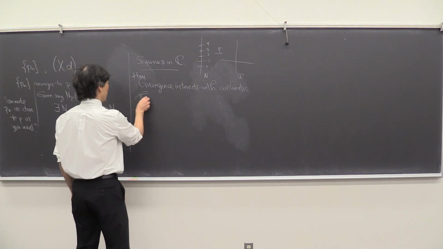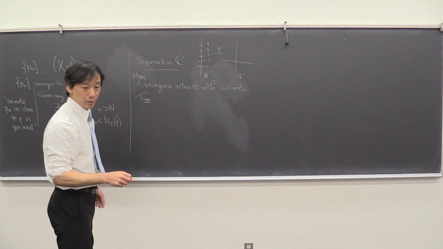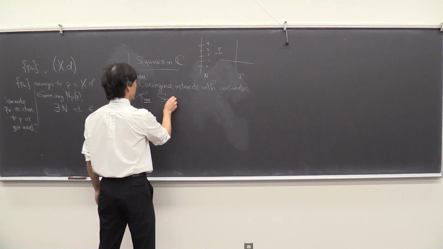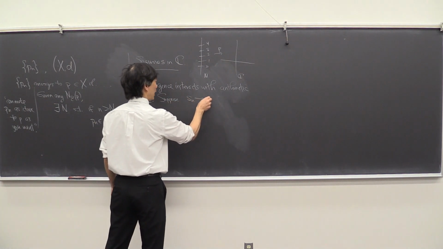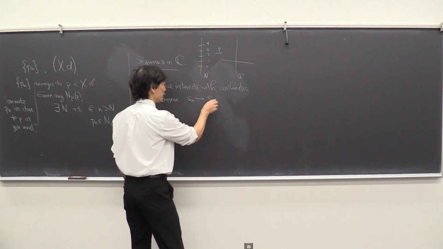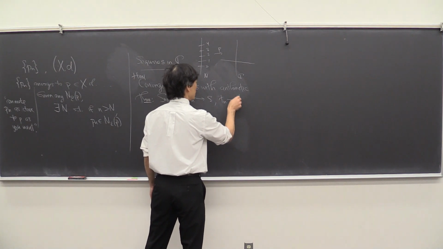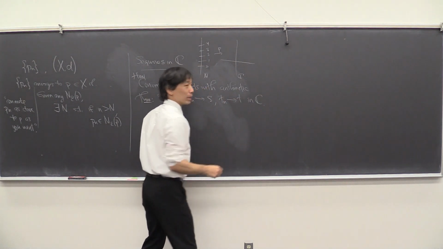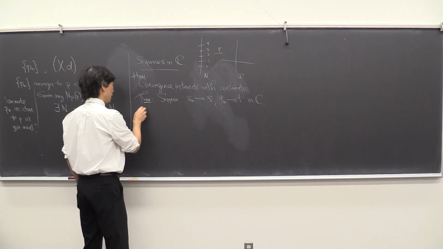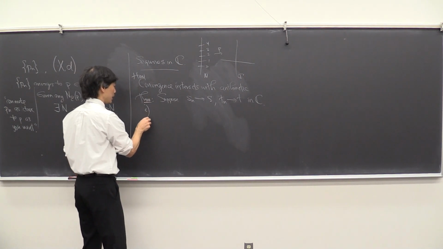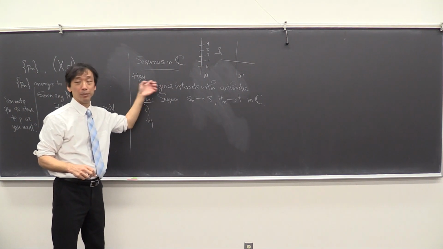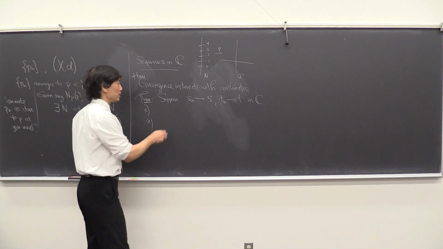So here's the theorem. Suppose that you have two convergent sequences: s_n converges to s, and t_n converges to t in the complex numbers. We're basically going to talk about how sums and products and stuff work.